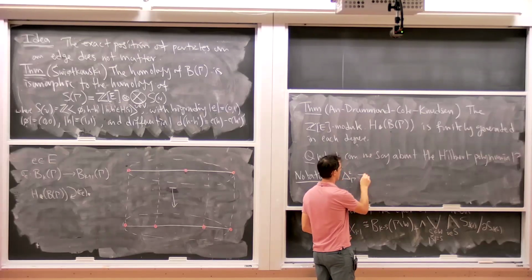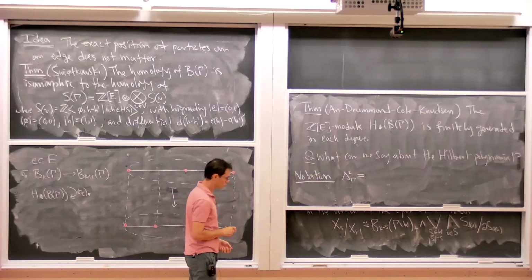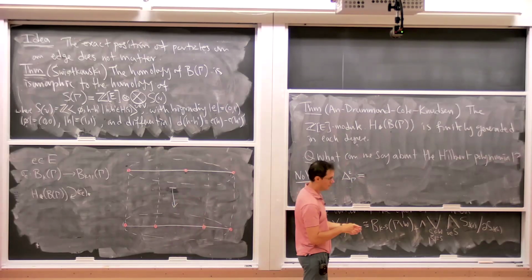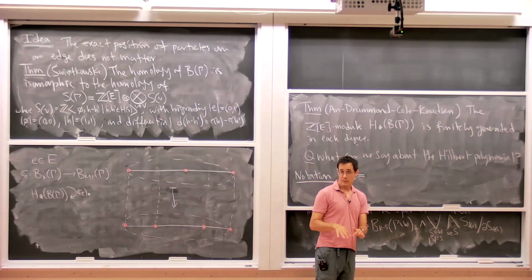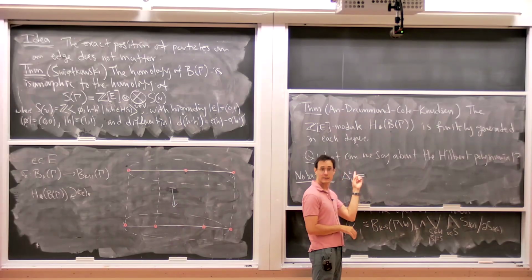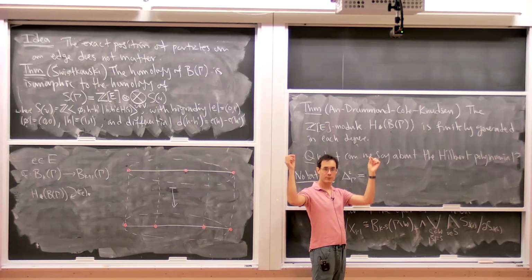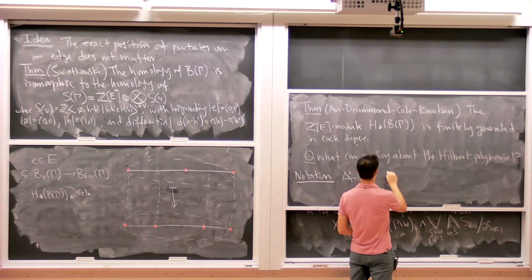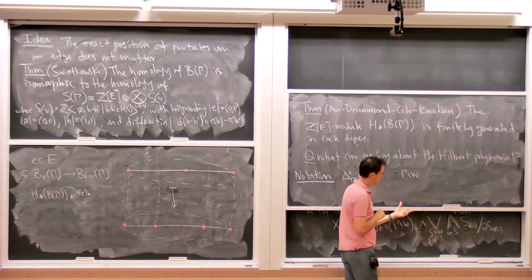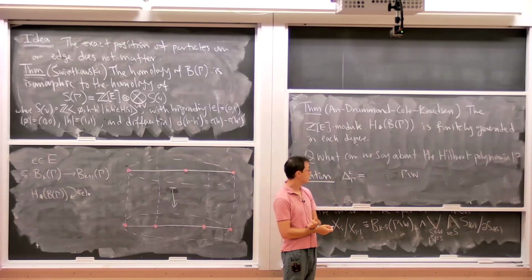So here's what you do to calculate delta. You look at sets of essential vertices of size i. So if I'm trying to calculate delta 2, I look at pairs of essential vertices and I remove them from the graph. Okay, so I look at the graph minus a subset of essential vertices of size i.